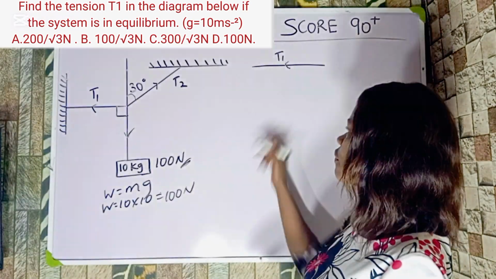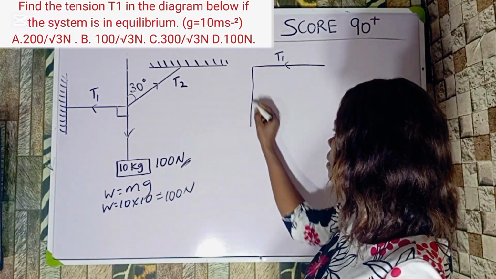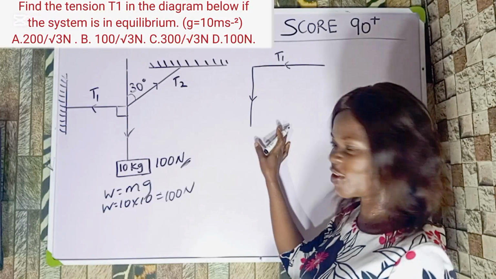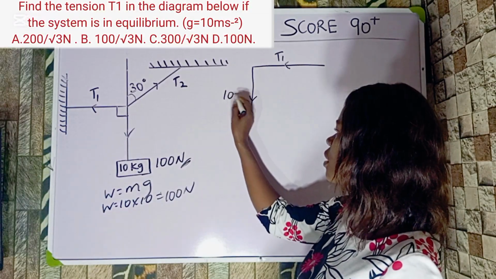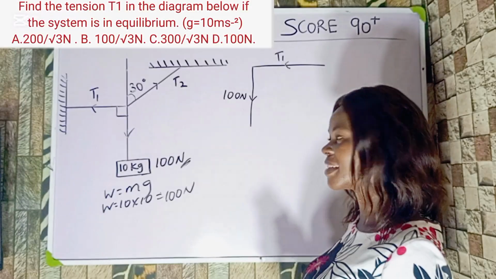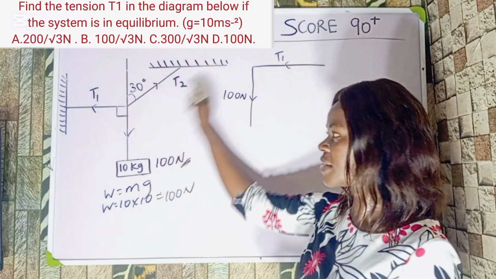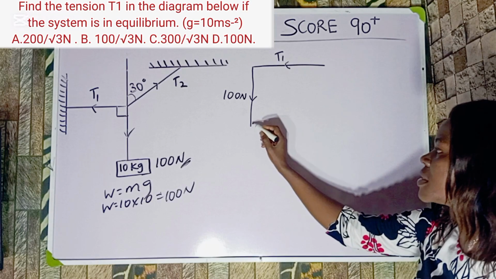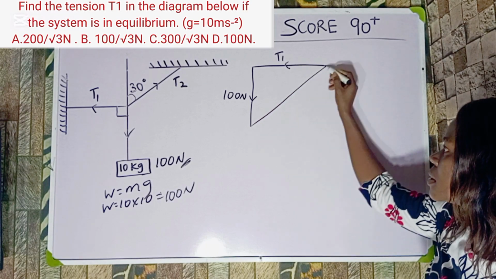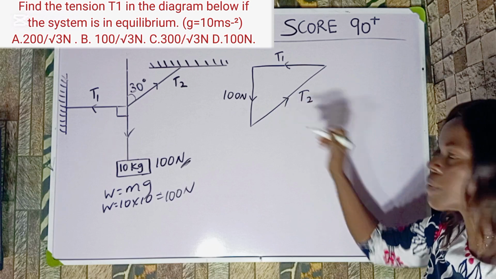So we go from the same point, we now go down. Don't mind my drawing. So we have 100 Newton, right? Now look at T2. Where is it going? It's going this direction, okay? So from the same point I go this way. This is my T2 acting up, okay?